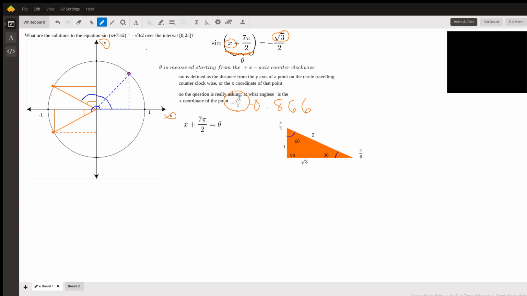Now, there are two places on the unit circle where that is the x-coordinate. There's one tracking up to the point, and there's one tracking down to the point. Okay, so we're going to have two values, two x's, where this argument is going to be true, where theta is such that this is our x-coordinate, but theta is just all of this stuff. So I set them equal to each other, and that's how I'm going to find my answer.